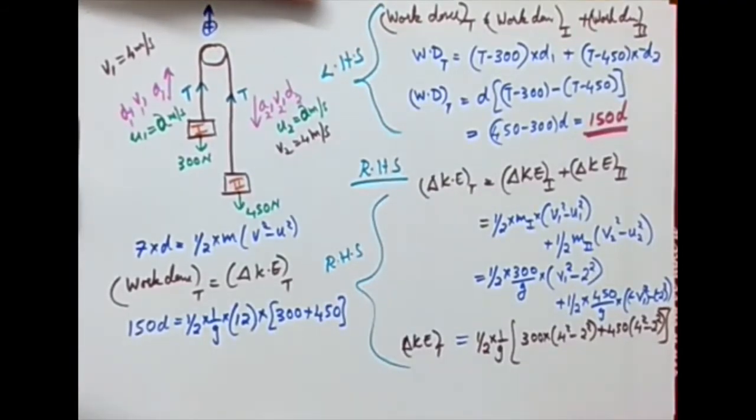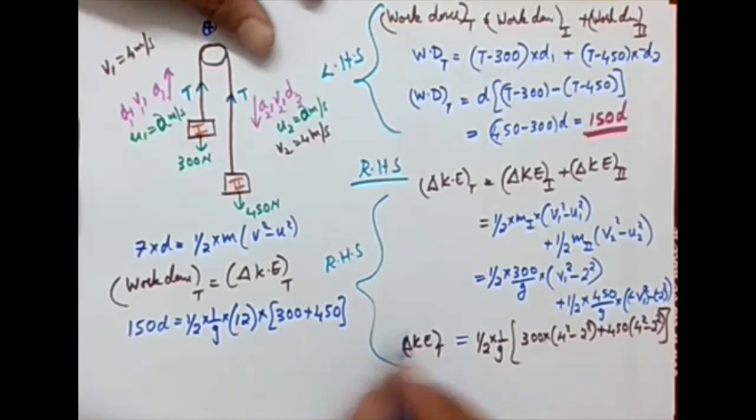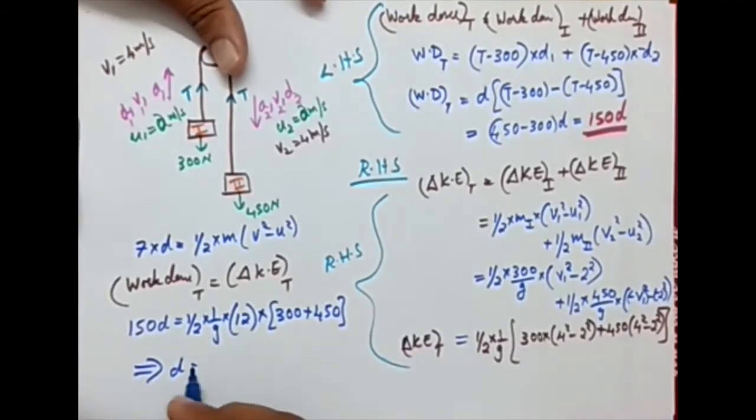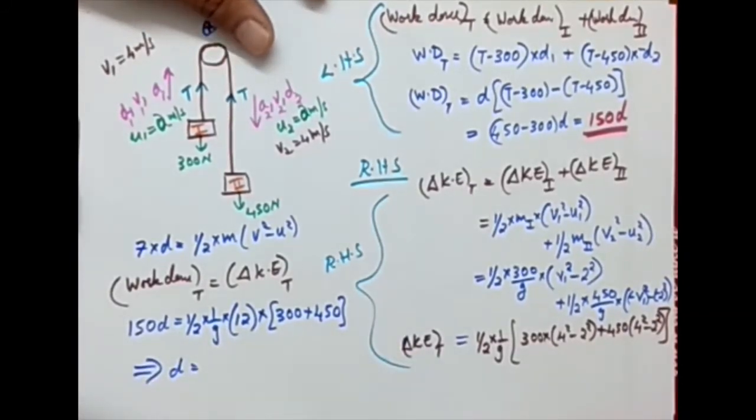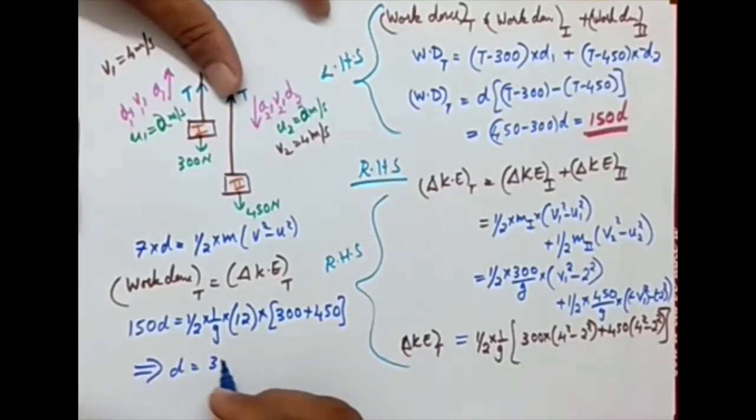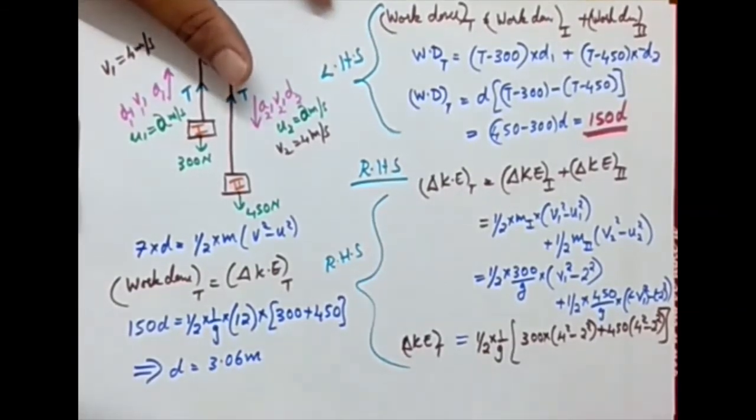So what will I get? On solving this equation, I will get the value of d as 3.06 meter.